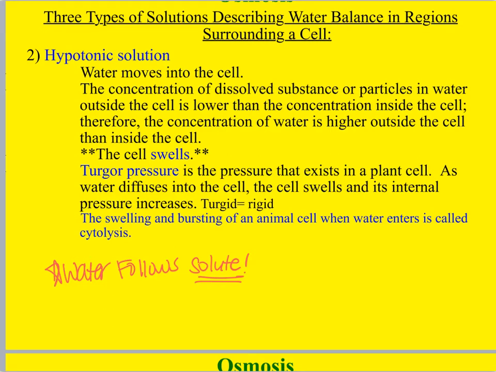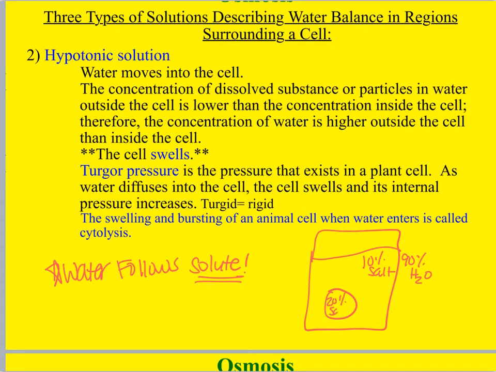Let me show you what I mean. Again, I have a picture of a cell in a solution. Let's say that's still a 10% solution. So 10% salt is going to be 90% water, right? If that cell has 20% salt, where's your high amount of water?